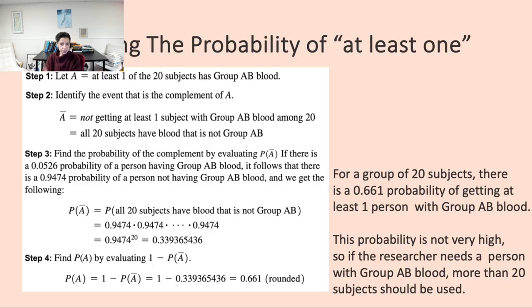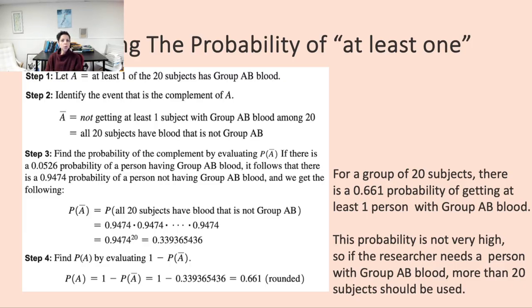If the chance of having one person is 0.0526, the chance of having no one is 1 minus 0.0526, which is 0.9474.